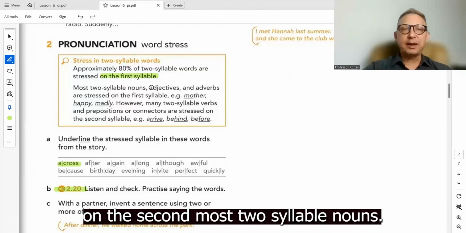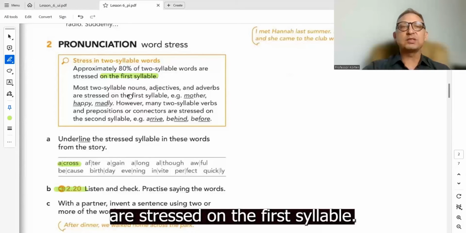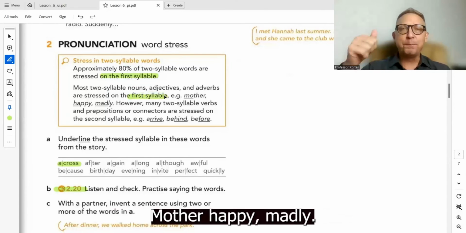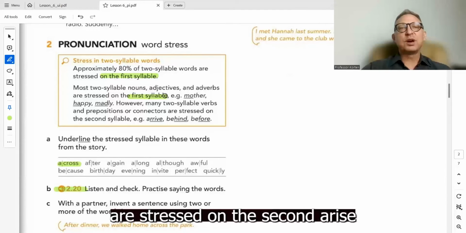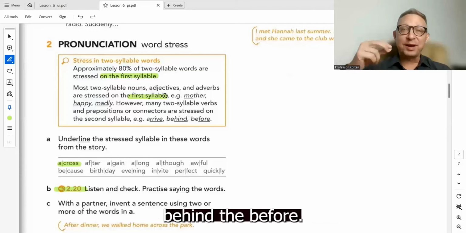Most two-syllable nouns, adjectives, and adverbs are stressed on the first syllable: mother, happy, madly. However, some two-syllable verbs and prepositions are stressed on the second: arrive, behind, before.